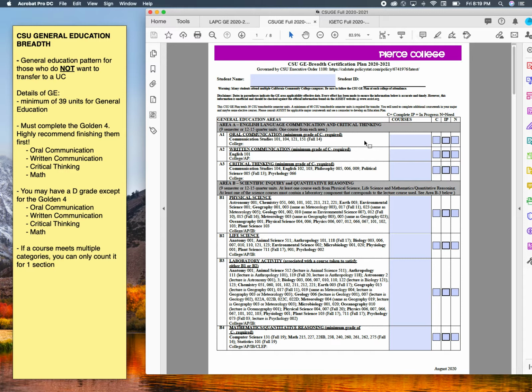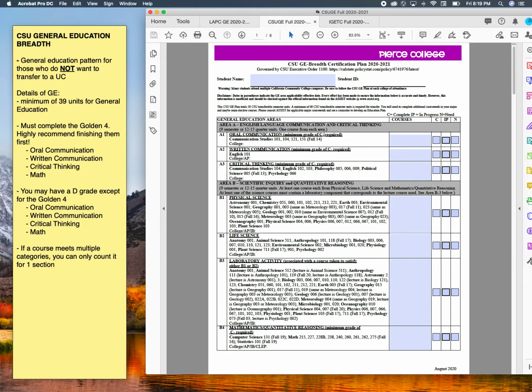So it's not a questionable thing. You have to finish it and you have to pass it with a C minus or better. And I highly, highly, highly recommend that you try to finish them as soon as possible so you can just get it over with. And when the admissions rep looks at your application, they like to see if you have finished these four classes.